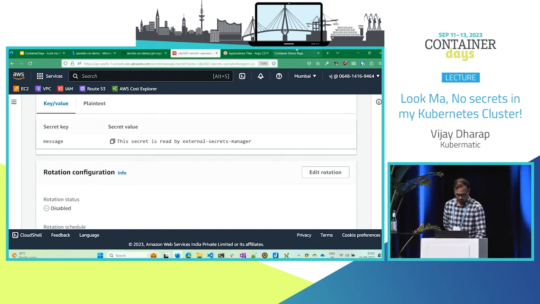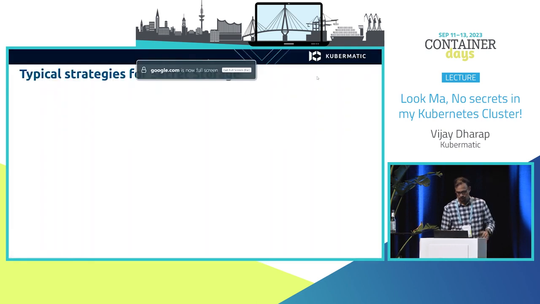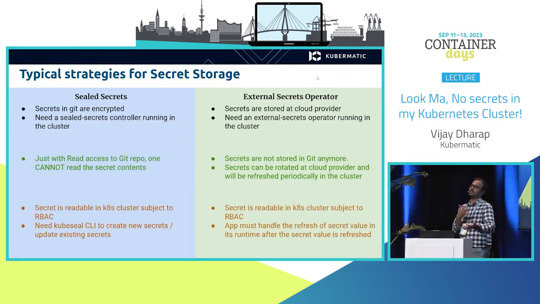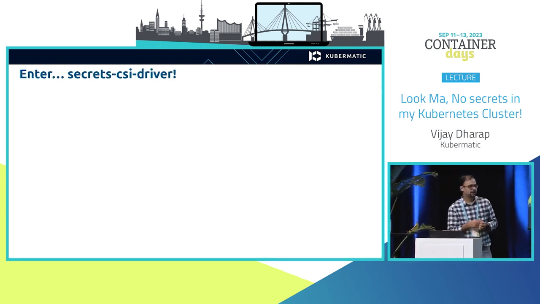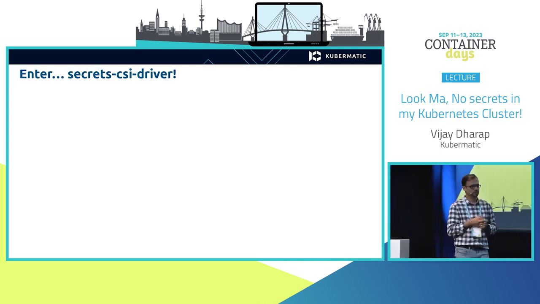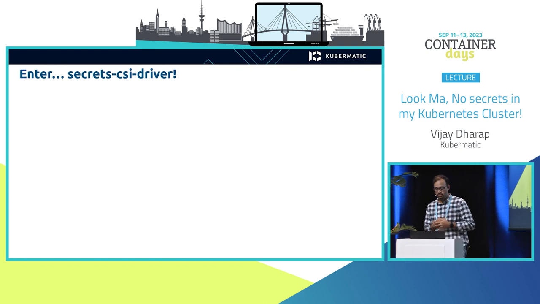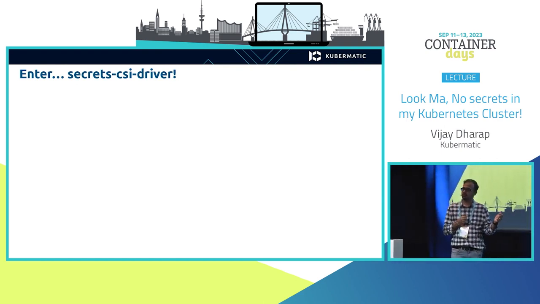All right, so we have multiple different strategies, but I still don't like the fact that they all create an actual secret which is still readable in the cluster. So another solution that has now come on the horizon is called the Secrets Store CSI driver. By the name of it, it is a CSI driver.